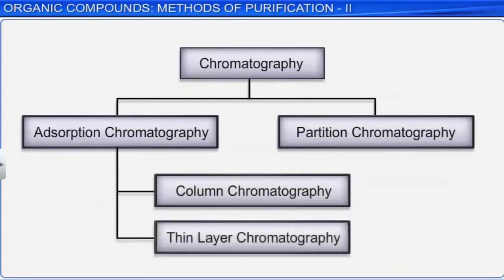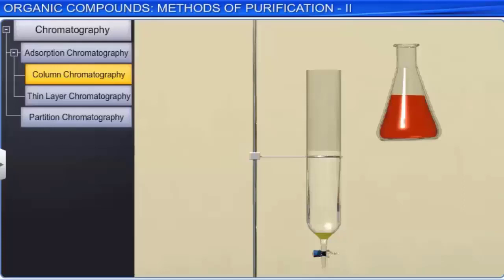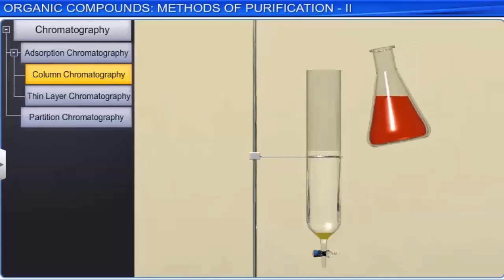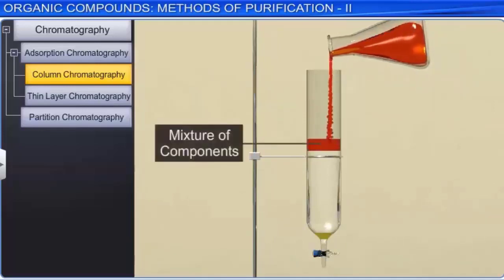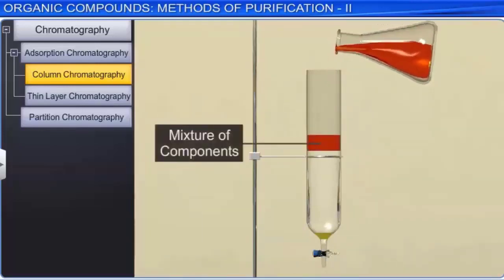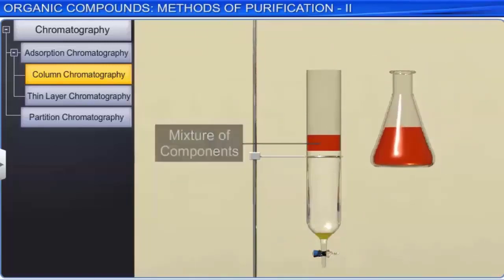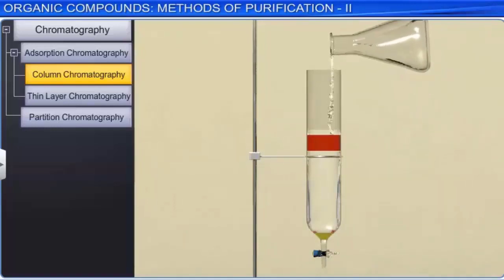In column chromatography, first, the stationary phase, which is the adsorbent, is packed in a vertical glass tube. Then, the mixture of components to be separated is placed on the top of the stationary phase. An appropriate mobile phase or eluent, which is a liquid or a mixture of liquids, is allowed to run down the column slowly.